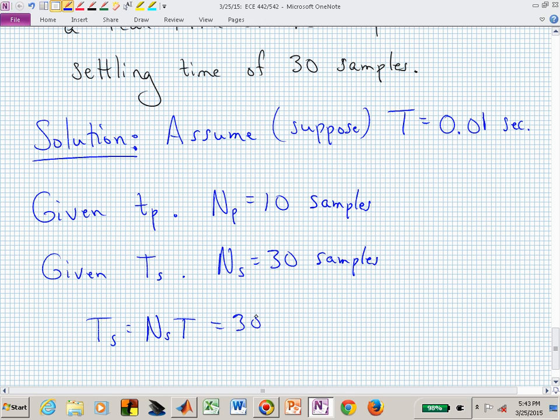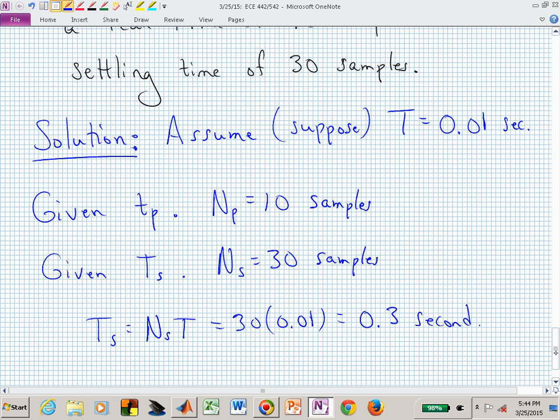That's just 30 sample periods. Or when we start to simulate this, hopefully our response will be within 1% of our final value when we do the step response after 0.3 seconds in MATLAB.